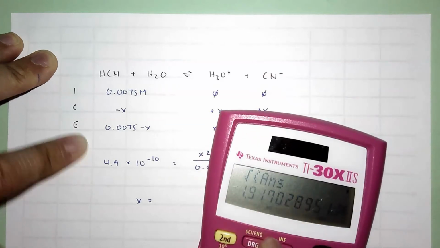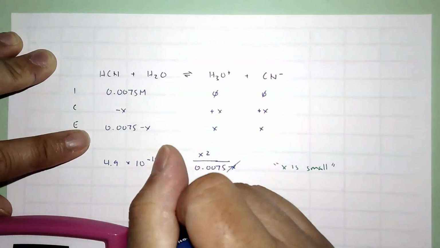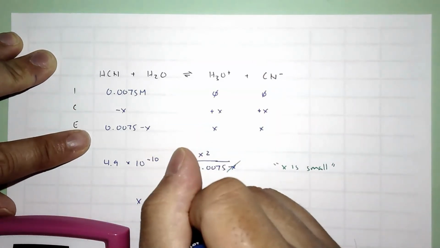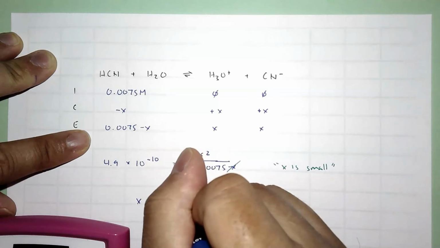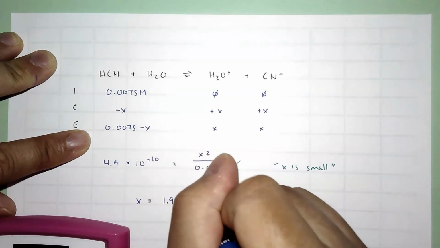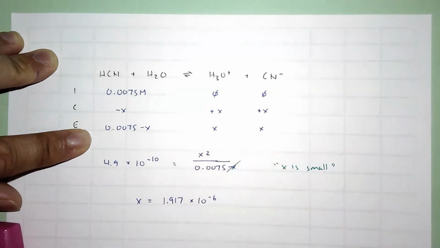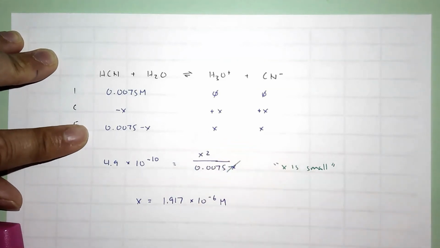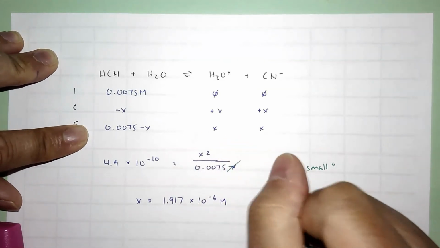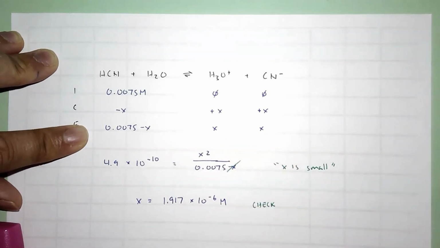Okay, so x is definitely smaller than original. But also our initial amount. So let me do the check. Make sure it's less than 5%.